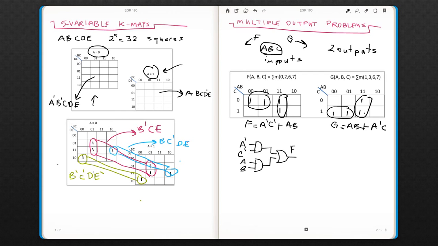So this is your F. And your G, again the same way, A, B, A naught, C, and these would go to an OR gate. So this is your G.